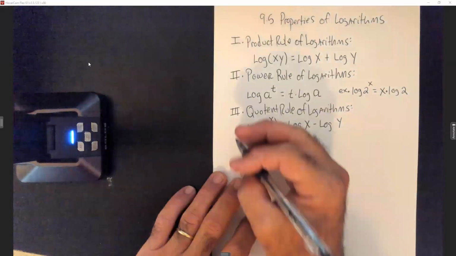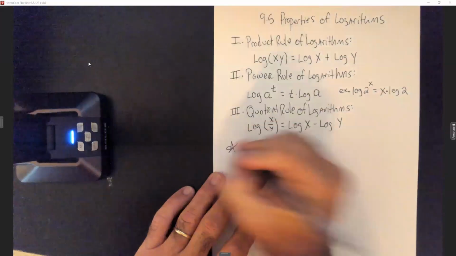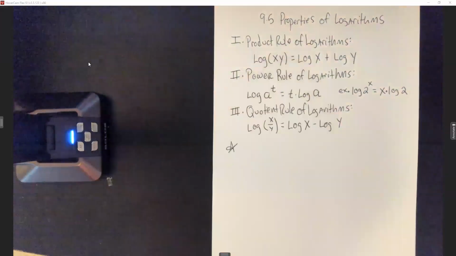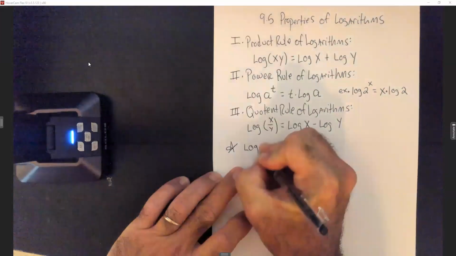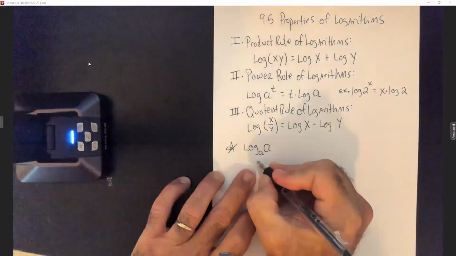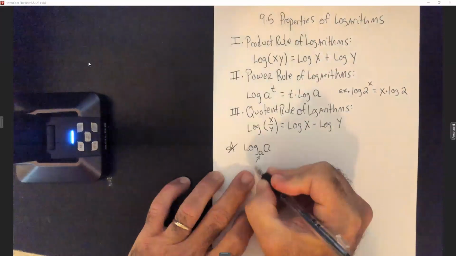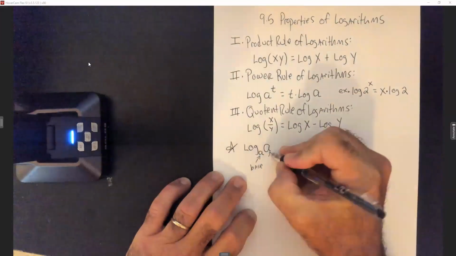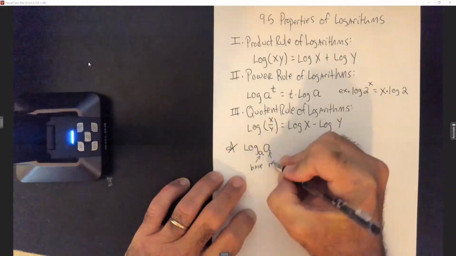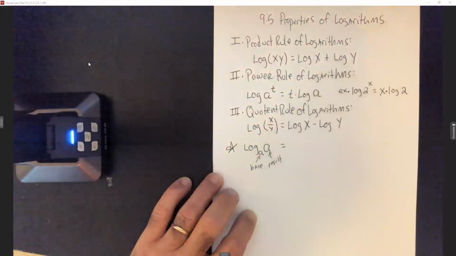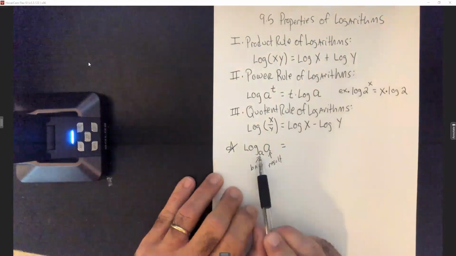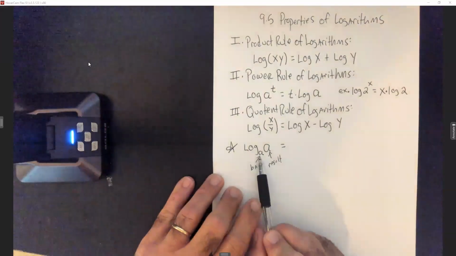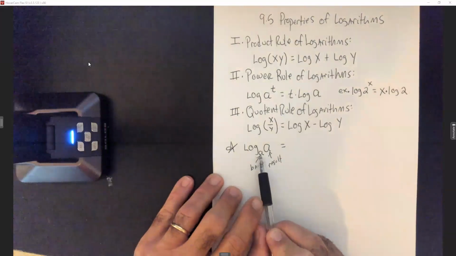Now, a few things you should have realized from yesterday. Anytime you take a log and that base matches the result, let me explain. With a logarithm, you take this little number that's called the base, and you're looking for the exponent that you would raise the base to get that result.